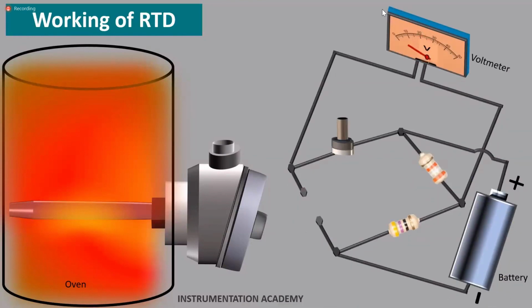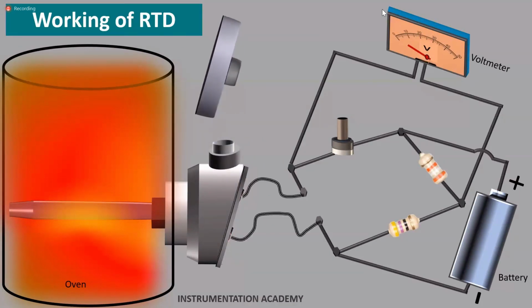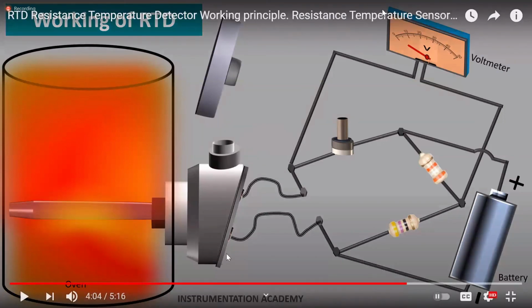These Wheatstone bridge circuits are built into the transmitter, PLC, DCS or PID controller. RTD may be located hundreds of feet away. RTD has leads. If you connect those two leads to an electrical circuit, the RTD will become a resistor, but that resistor is placed in high temperature.